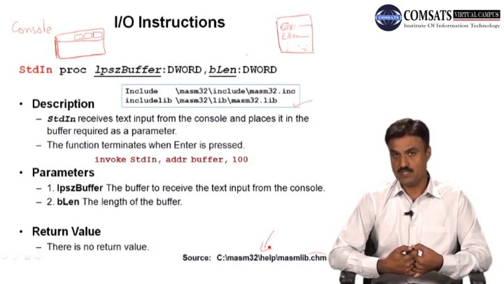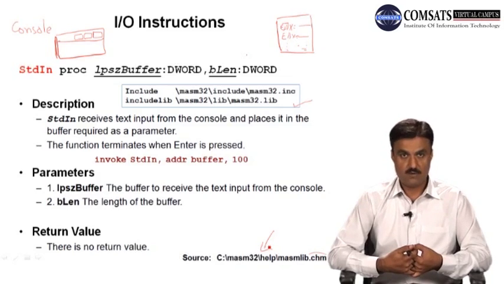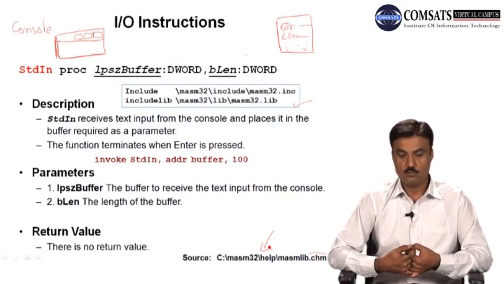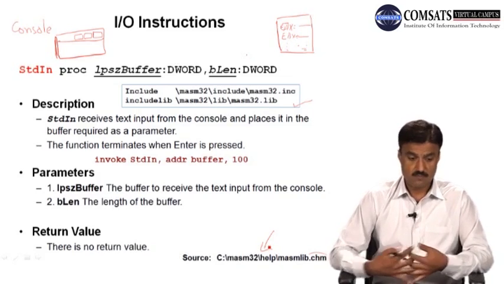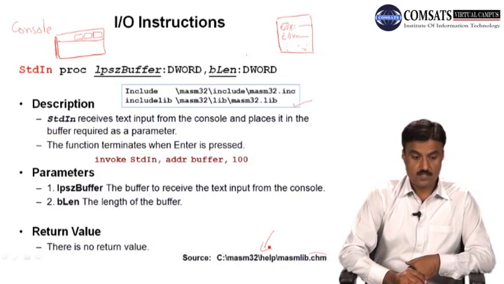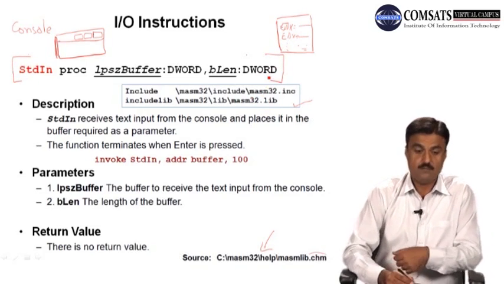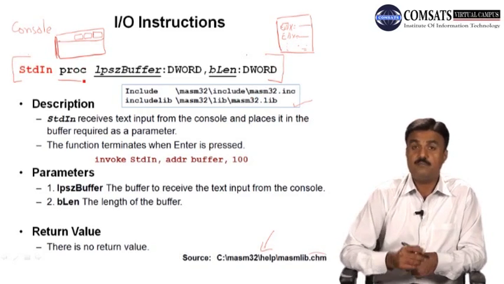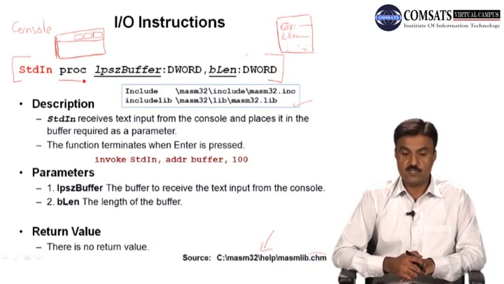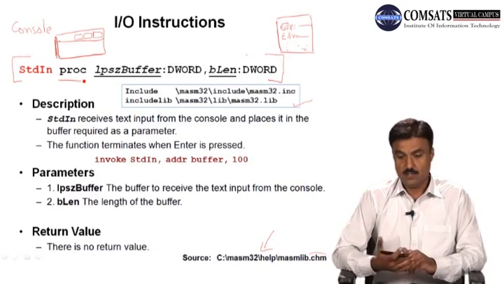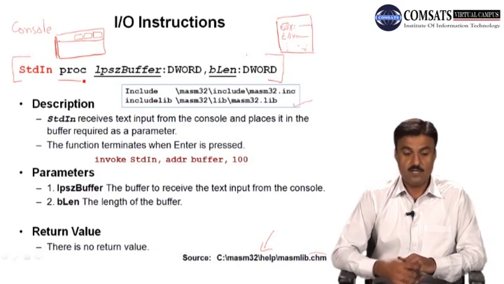We will use these two instructions, stdin and stdout, to receive input and send output. This is the syntax of stdin. Actually it is a procedure, defined in the libraries and include files.